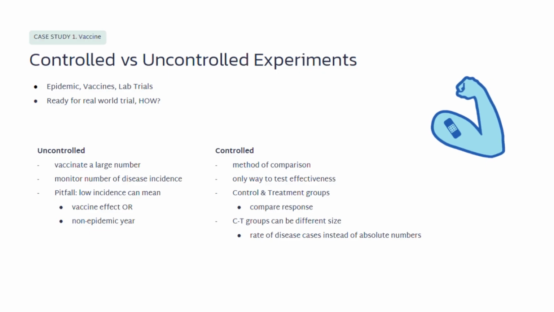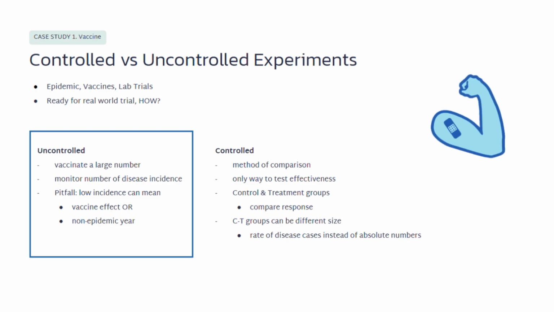So you have an epidemic, several vaccines are developed, and then you see some good signs, some potential in the lab trials. Then you want to go and test the vaccine response in the real world before releasing it for widespread use or approving the vaccine. So how do you do the real-world trial?